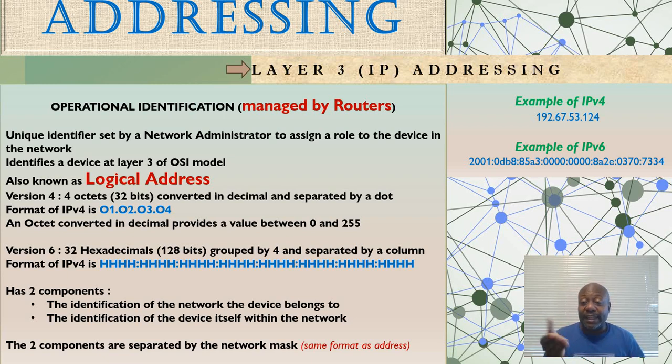And for version 6, we have an example there, and you can pause the video to read that long address, right? So those are the 2 examples. And in these, whether version 4 or version 6, a part of that address is going to be the identification of the network where we find that device, and the other part, the identification of the device within that network.